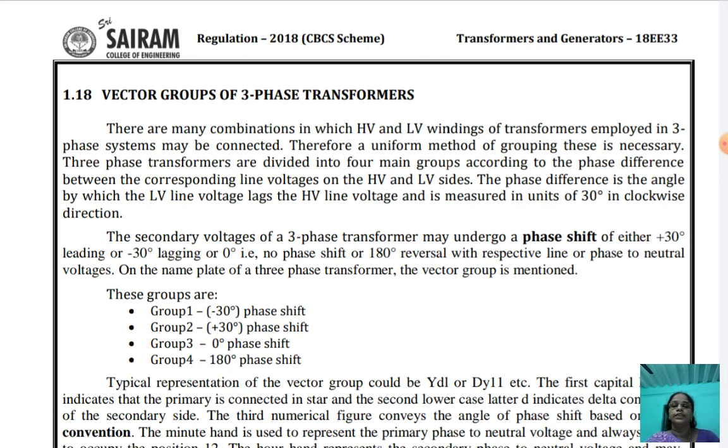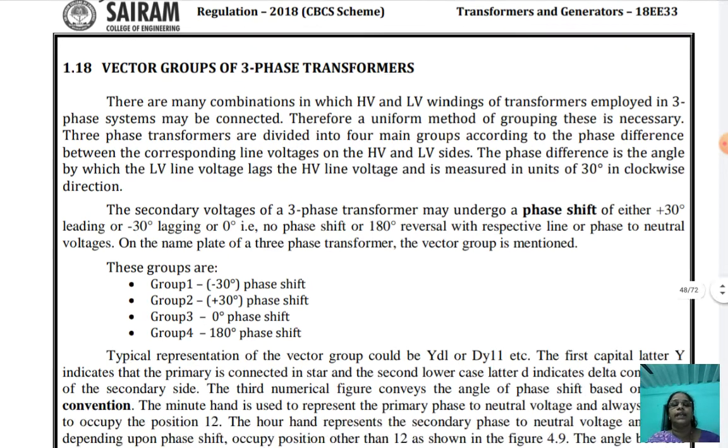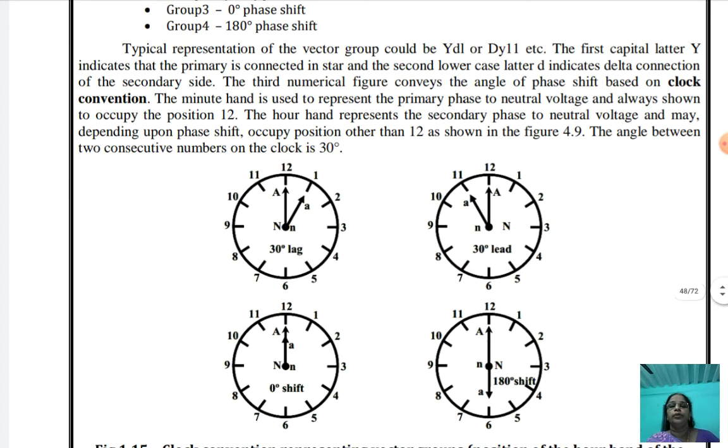Group 4 is the 180 degree phase shift, that means the reversal with respect to the line or phase or neutral voltages only. The four groups we can easily understand by using the clock position only.